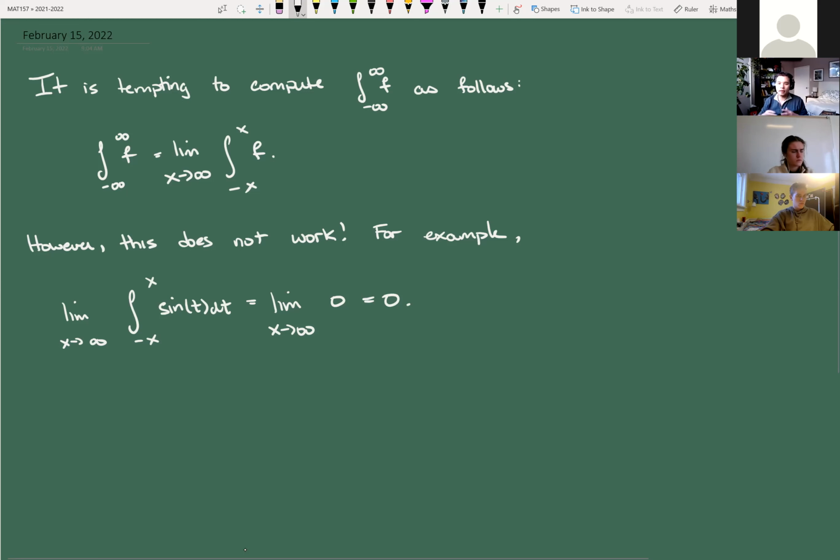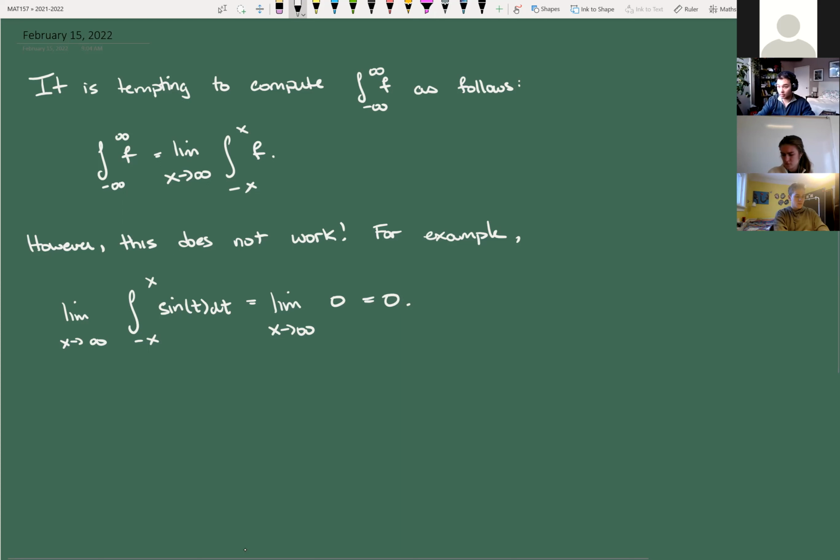And so suddenly this improper integral, if we were to try and do it this way, depends on how quickly we integrate each side, and we feel like that shouldn't matter. At the end of the day, if it exists, it doesn't matter whether you do all the right-hand side first, then all the left-hand side, or did them at different speeds, you should get the same answer. So we have to be careful with this, right?